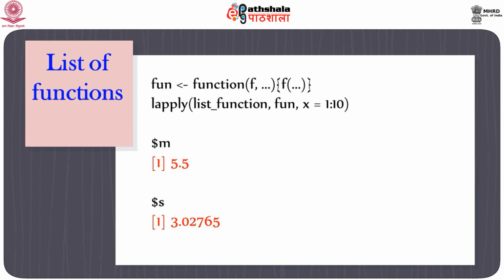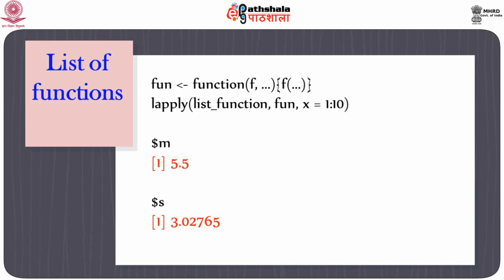Here we are writing a function mean within the function fun and also specifying the data on which the mean will be calculated. Now, we are applying the function fun to the list of functions. The arguments that the function is using are stored in the list and are passed by the dots of the function arguments. This is how the whole thing is working.